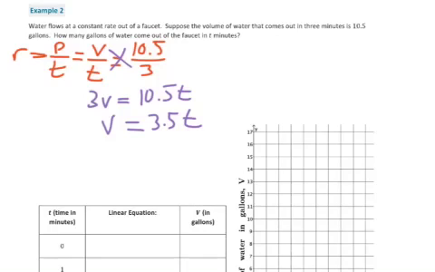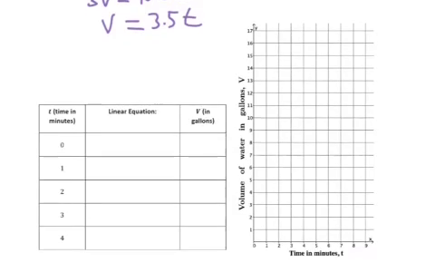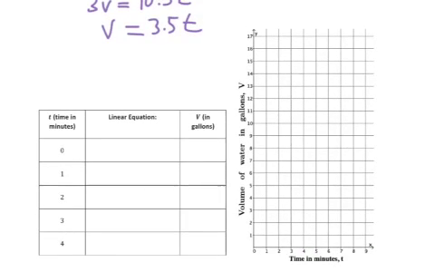So in other words, for every minute, 3.5 gallons come out of the faucet. So that enables us to now create a table. So let's go ahead and write our equation down here. So volume equals 3.5t.